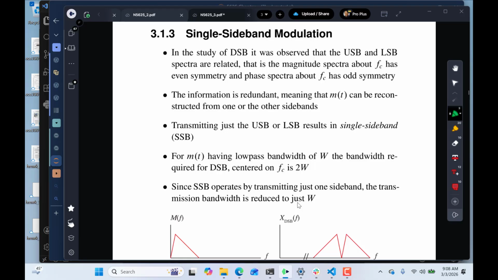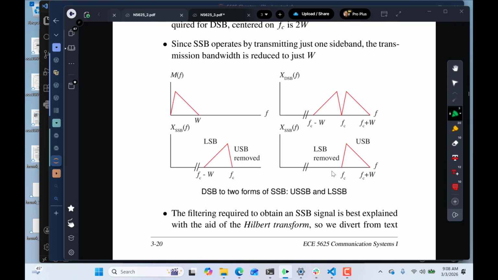So they had the idea of using single sideband from way back when, and then it became radio airwave type broadcasting too.